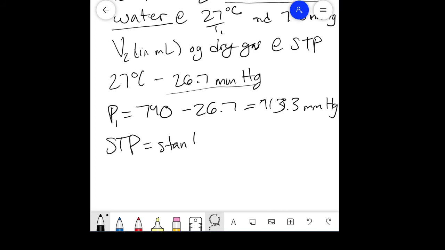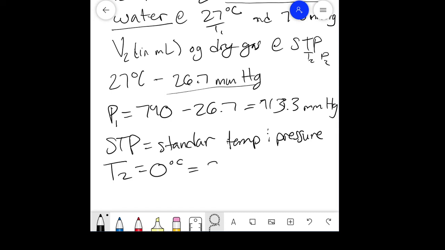And then this STP stands for standard temperature and pressure. That means our T2 is equal to 0 degrees Celsius or 273 Kelvin.